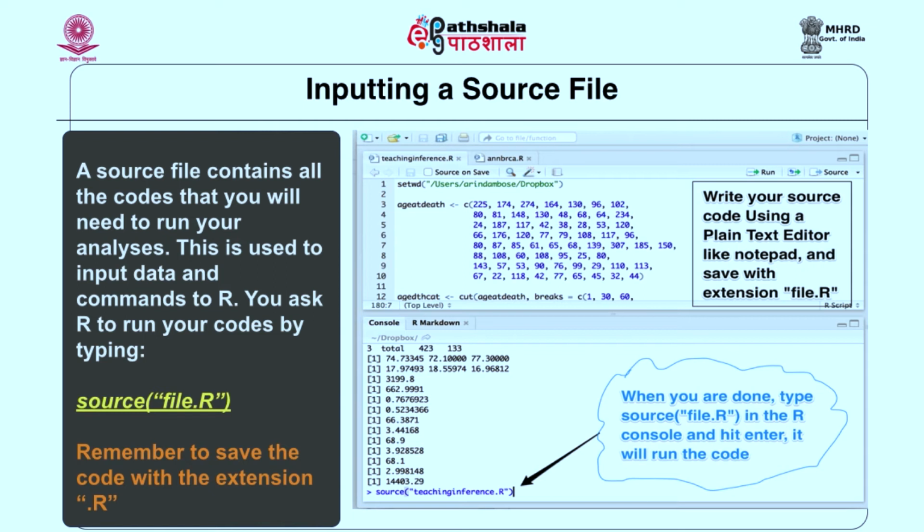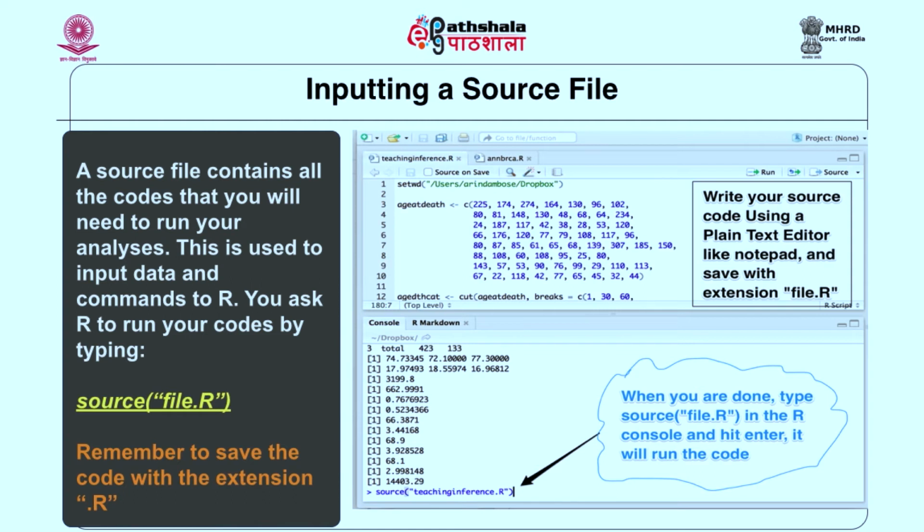You write the R codes, and you will learn how to write R codes in future modules. You just write the R codes and commands, and then if you want to execute that source file itself, type the command source, and then within parentheses you type the name of the file. Of course, you do understand that the working directory has to be in the same place.